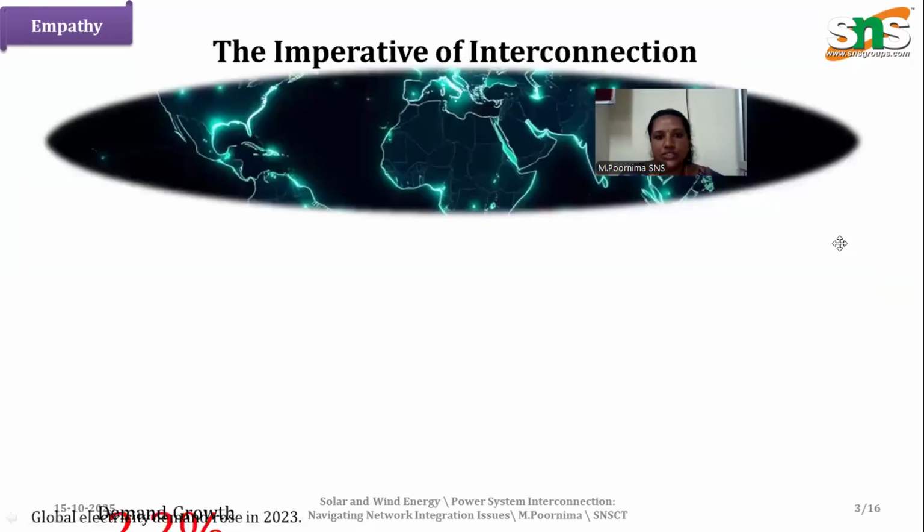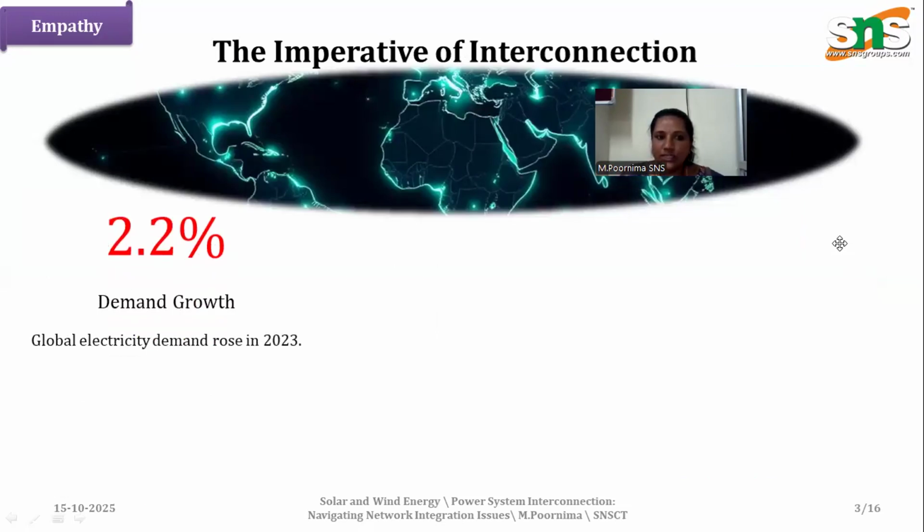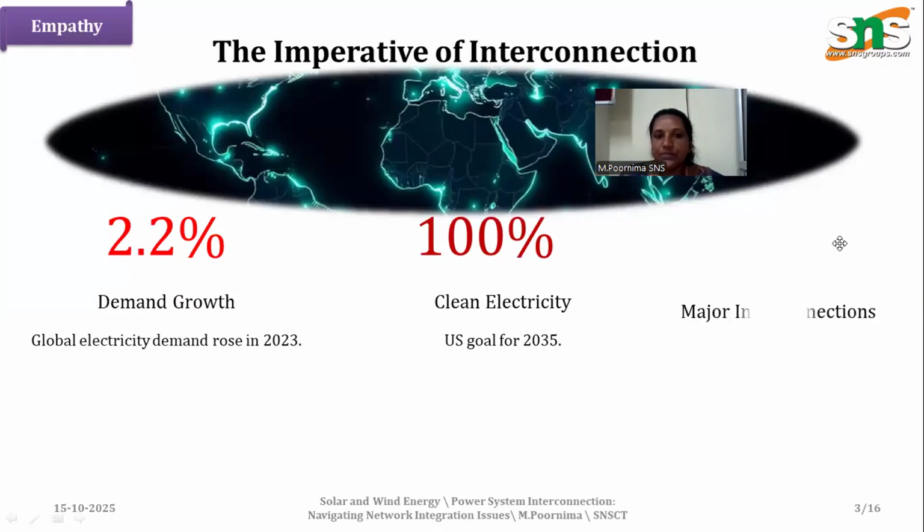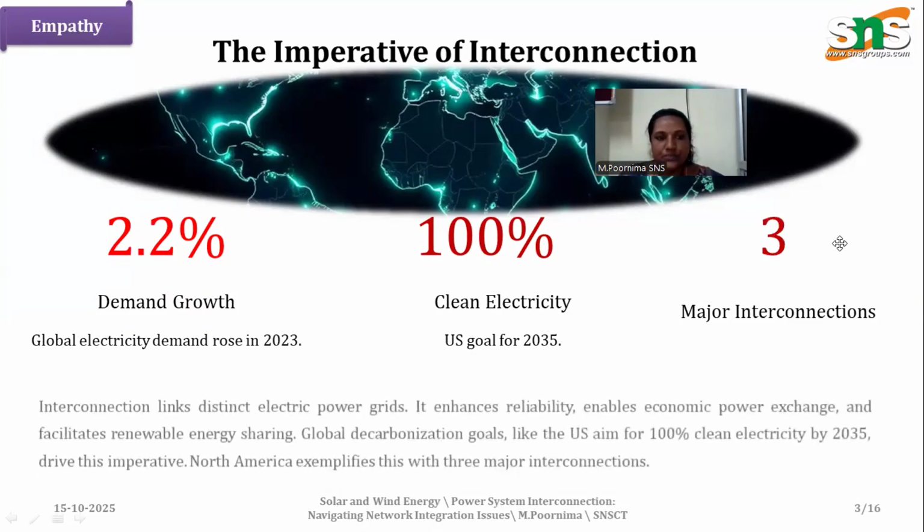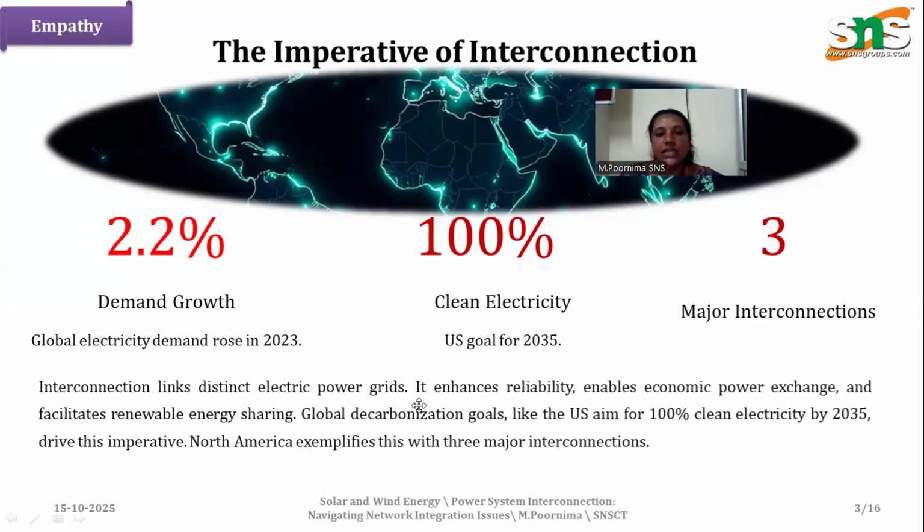Here come the implementations. We have a 2.2% increase in global electrical demand in 2023, and the US goal is 100% clean electricity by 2035. An interconnecting link between distant electrical power grids enhances reliability, enables economic power exchange, reduces failures, and facilitates renewable energy sharing. Global decarbonization goals drive this implementation.